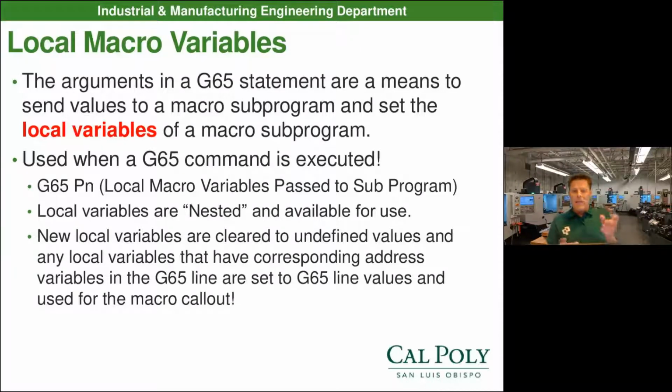So that G65 statement needs to be able to pass variables back and forth in order to control it, right? So you can actually make your own G65 statements up and pass variables into the local variables registers in your G65 statement. So these local variables are nested and available for use only during that one single G65 callout.